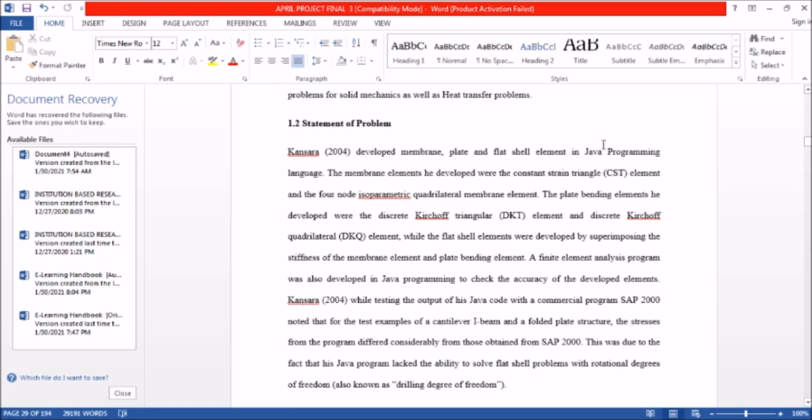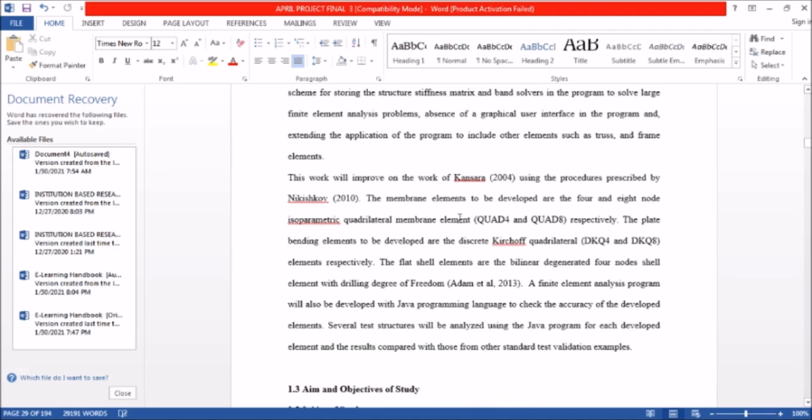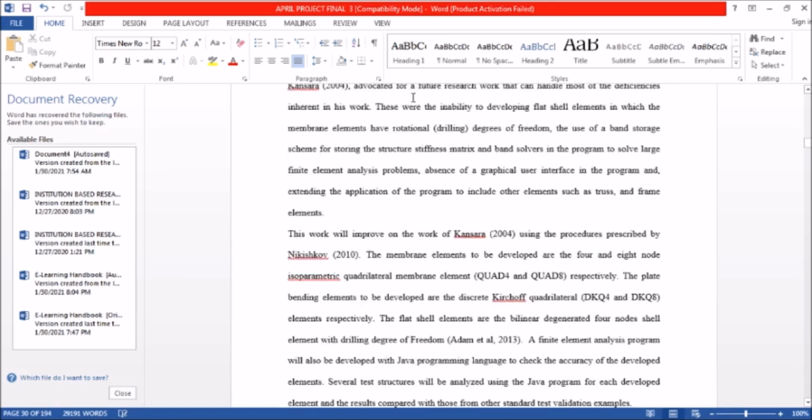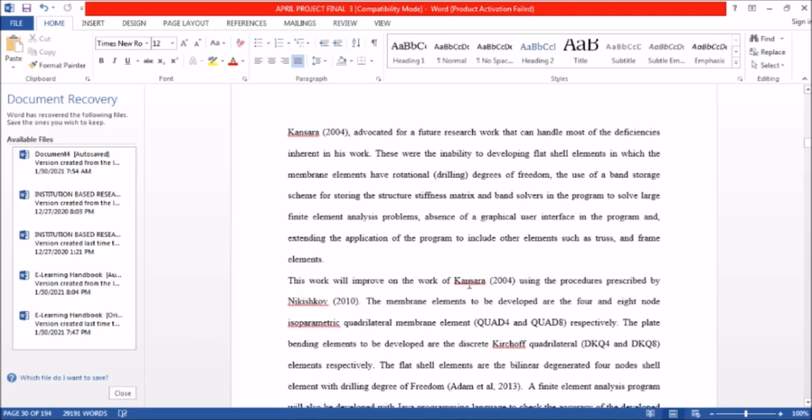So here you can see the researcher was able to demonstrate that a previous researcher called Kansara in the year 2004 was able to develop some finite elements, but using the procedure prescribed by Nikishkov in 2010.